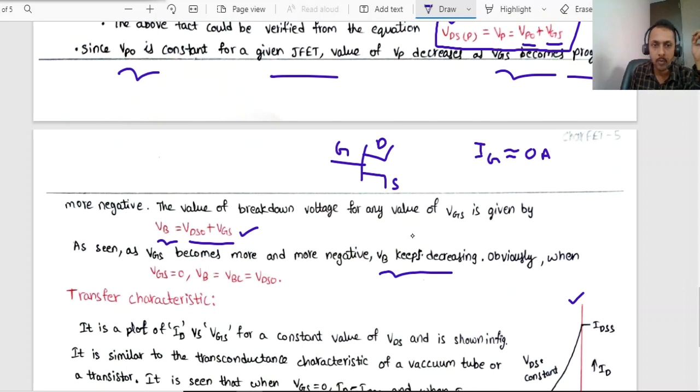VB means nothing but the breakdown voltage. That means for a very small amount of voltage, it leads to the breakdown.